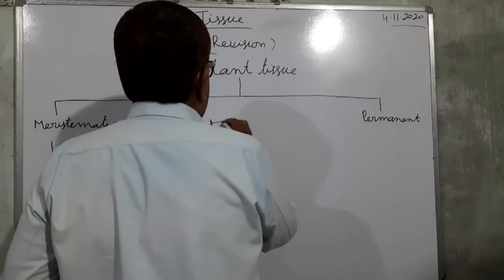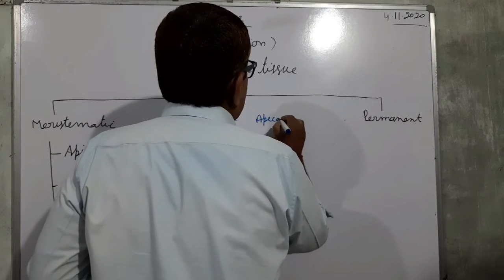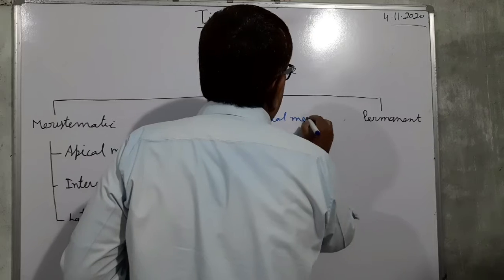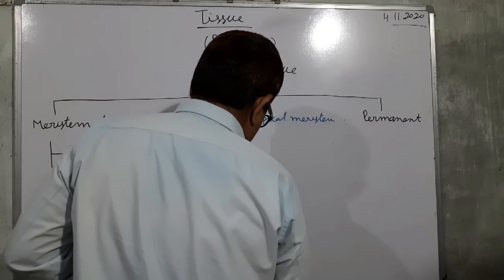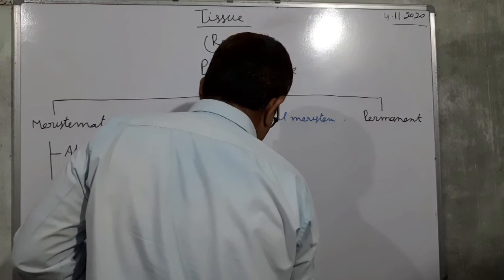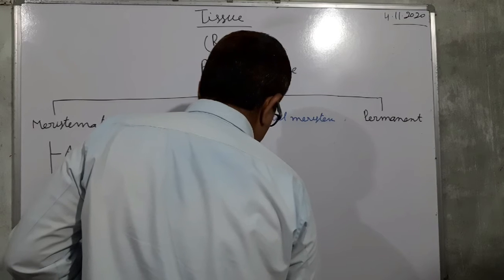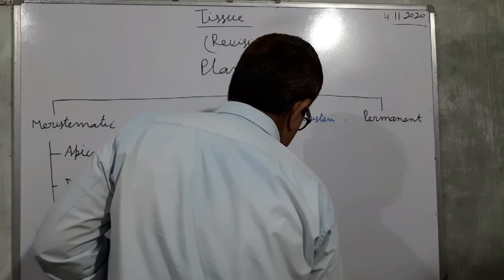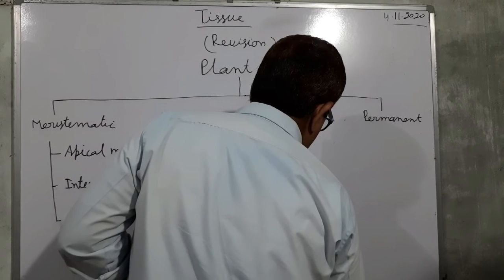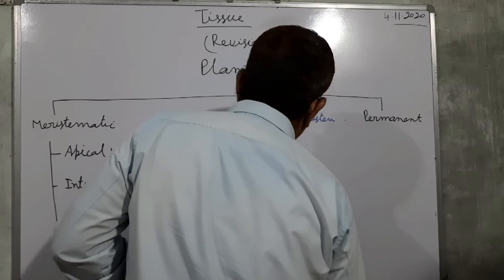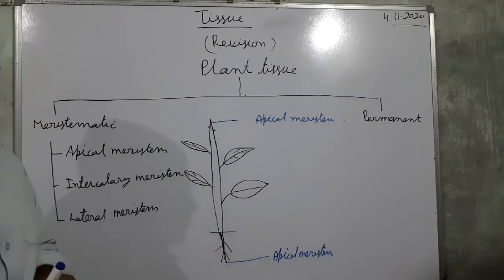Apical meristem is here and here also. So apical meristems are found on the root apex and the shoot apex.